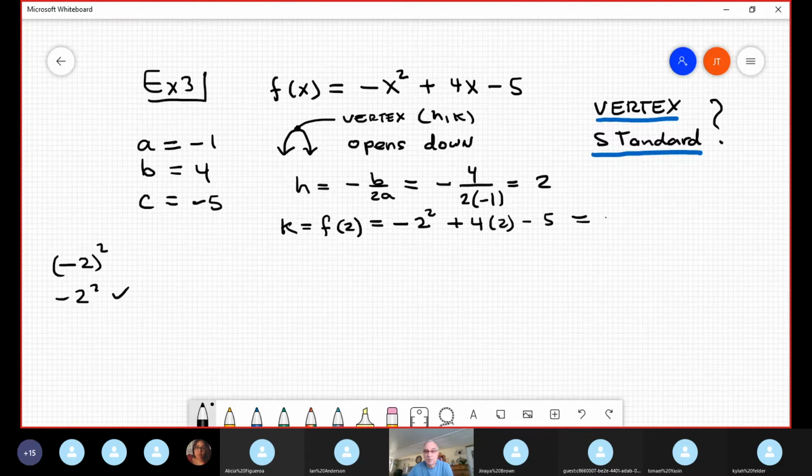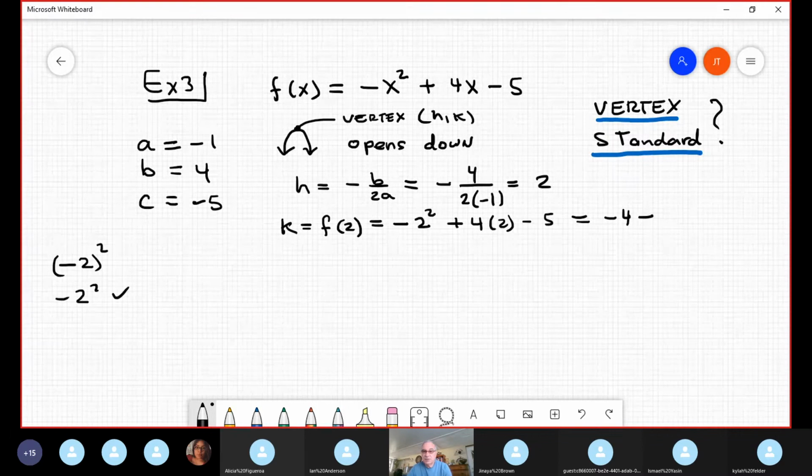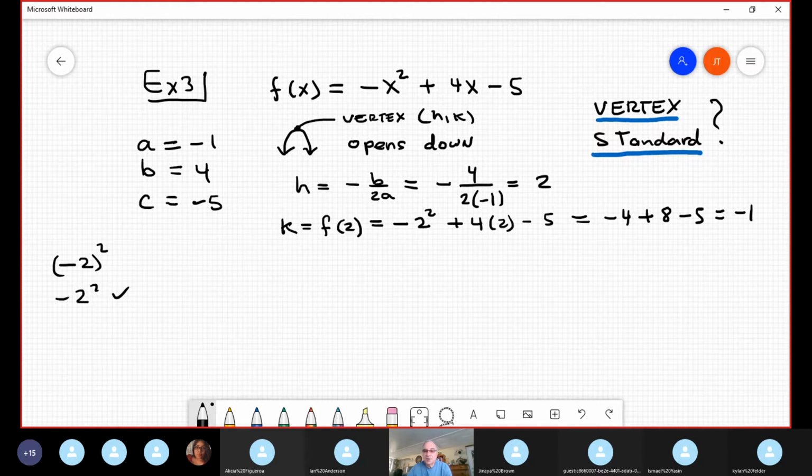This is minus 4 because 2 squared is 4, and the minus in front stays. Plus 8 minus 5. Then negative 1, because negative 4 and negative 5 together is negative 9, and 8 minus 9 is negative 1. So the vertex occurs at the point 2, negative 1.